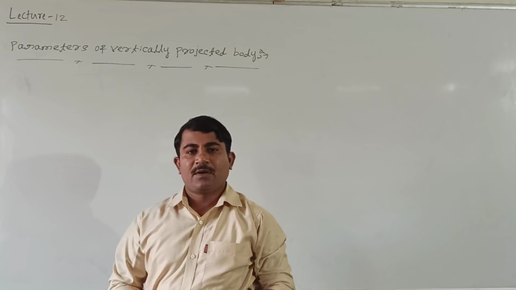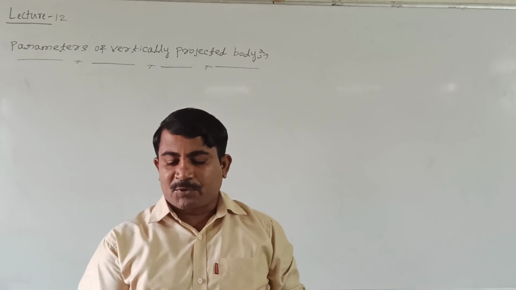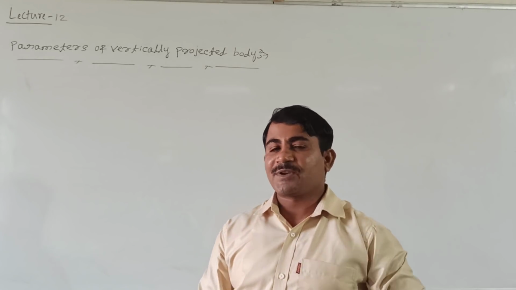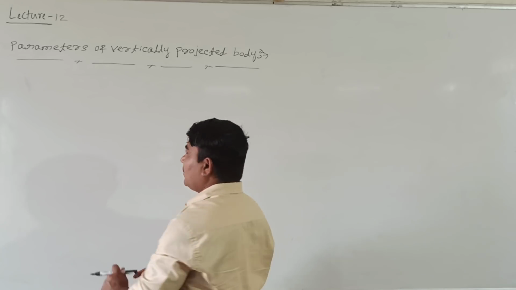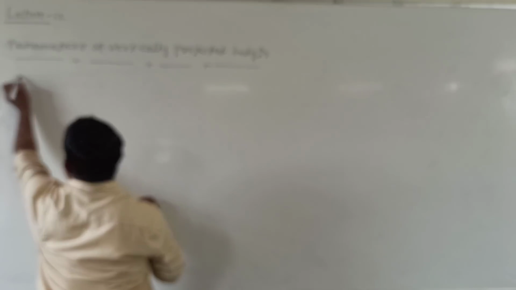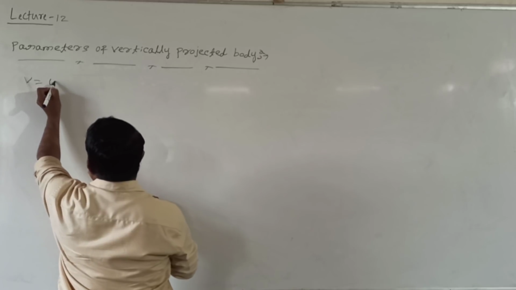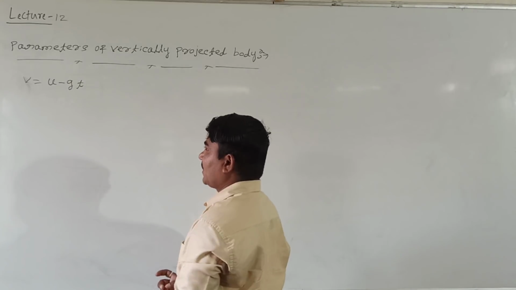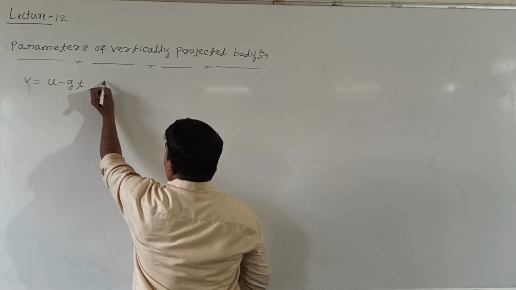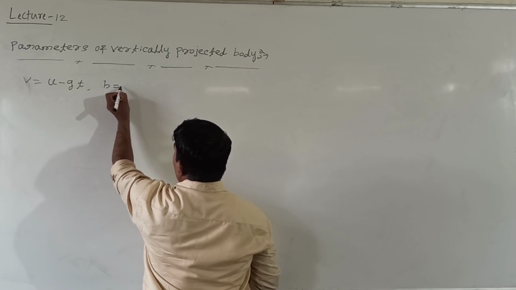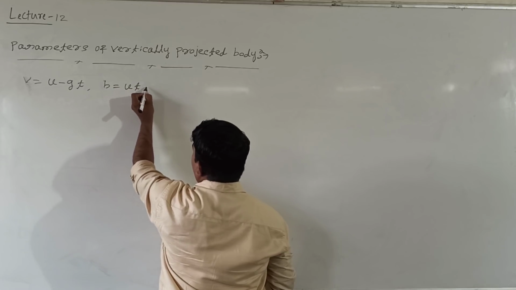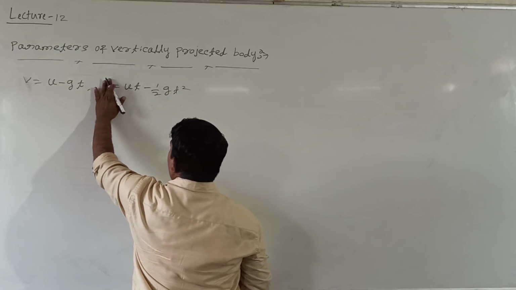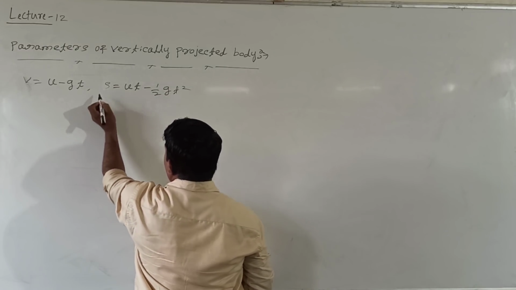See here, we know that when a body is projected upside, we know the equations of motion. Three equations of motion we can write. What are the equations of motion for a vertically projected body? One equation: v is equal to u minus gt. One more equation: h is equal to ut minus half gt square, or s is equal to ut plus at, with a replaced by minus g, so minus half gt square.